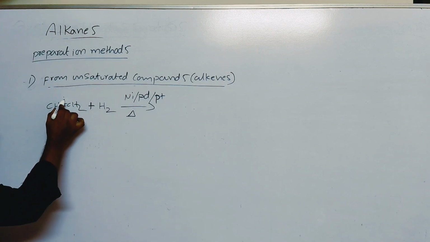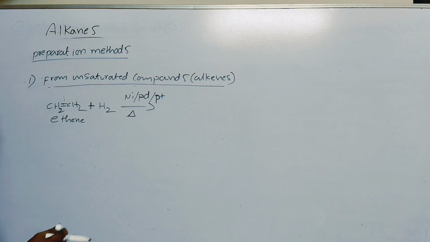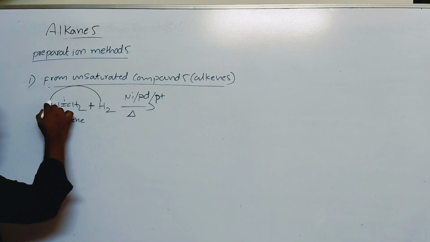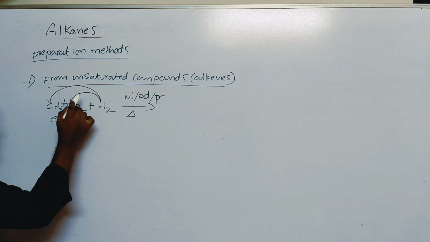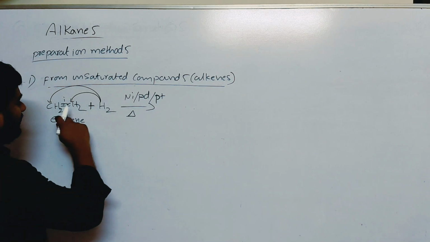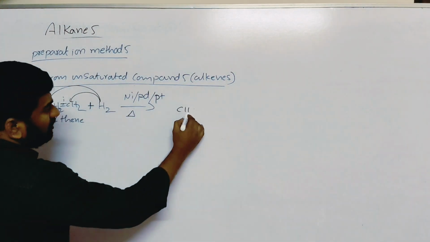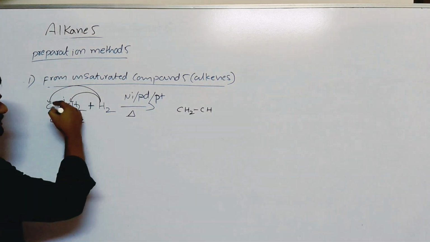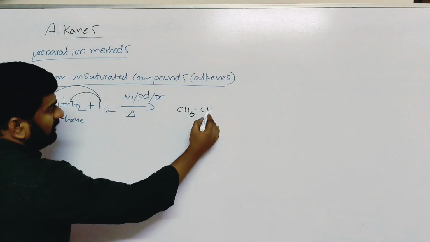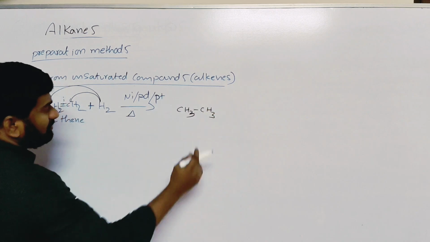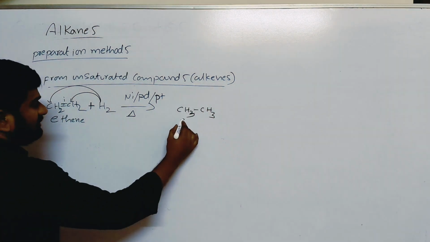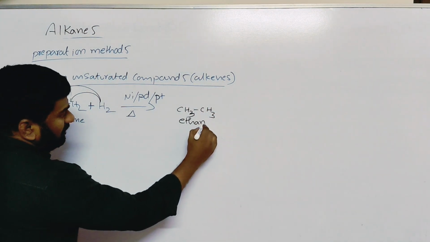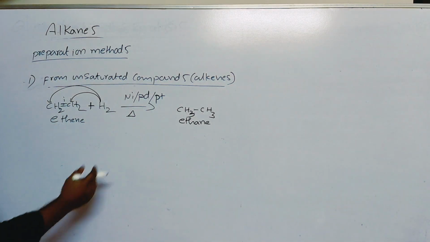By breaking the one pi bond, one hydrogen is added to one carbon and another hydrogen to the other carbon. So you write only one bond between CH2 and CH2. Next, one hydrogen is added, CH2 becomes CH3, and here also CH2 becomes CH3. So what will we get? Ethane.